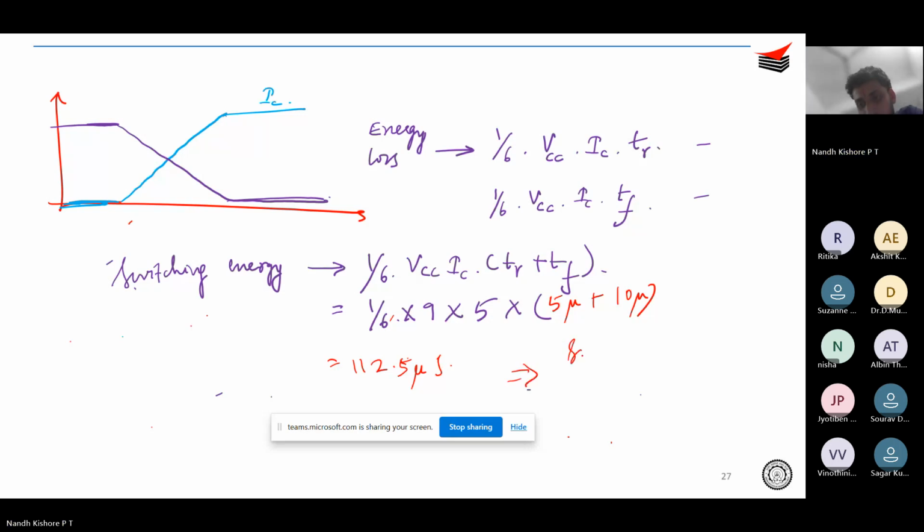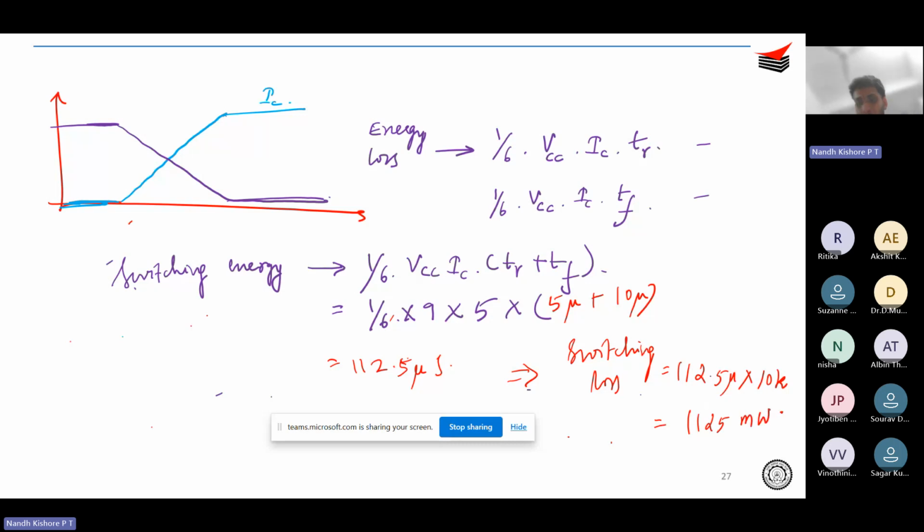So what will be the power loss, the switching loss as we call it? Switching loss is going to be energy multiplied by frequency, right? So 112.5 micro into 10 kilohertz. How much will it turn out to be? 1125 milliwatts, that is 1.125 watts.